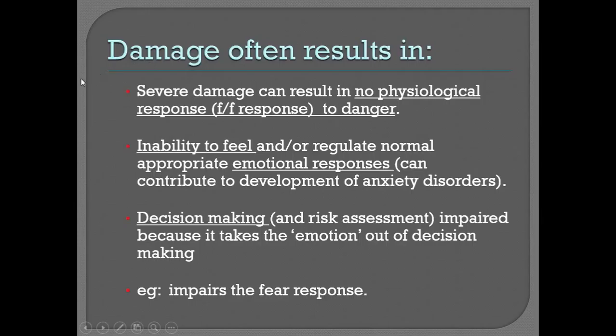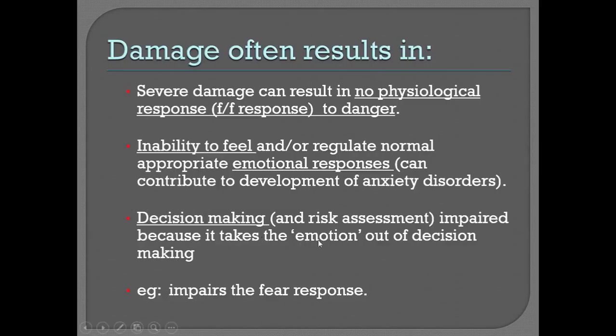Again, most of this information is found out because people have damage to these areas. If you have damage to the amygdala, there is no physiological response to danger, that fight or flight response that we've discussed in the past. They have an inability to feel or regulate appropriate emotions, which links into the emotions that we've said the amygdala is involved in, and decision making.